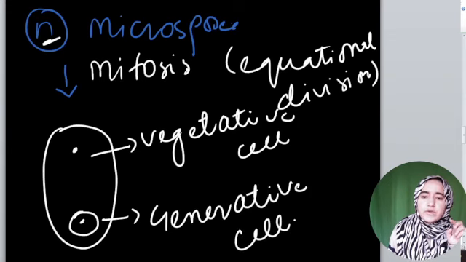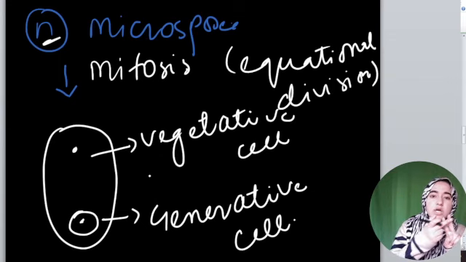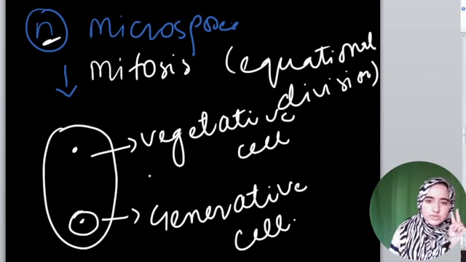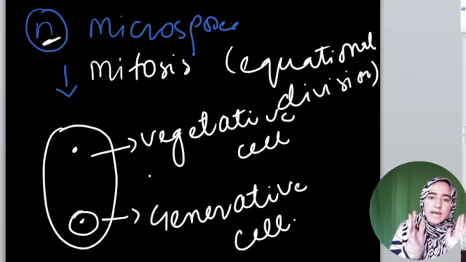Vegetative cell just provides nourishment to the generative cell, because the generative cell will undergo another mitosis. Then the generative cell will get converted into two male gametes. That means each pollen grain contains two male gametes, but here we have a condition. That condition I'll discuss in our upcoming session.